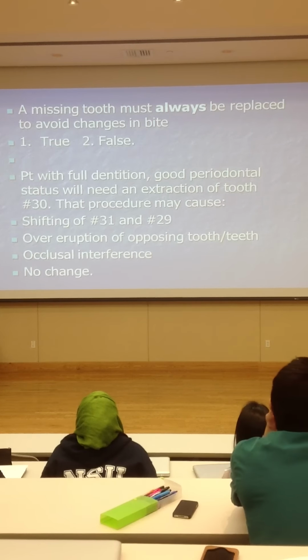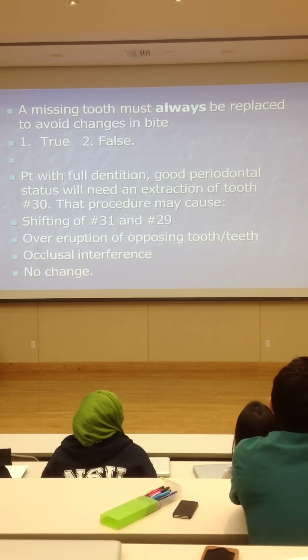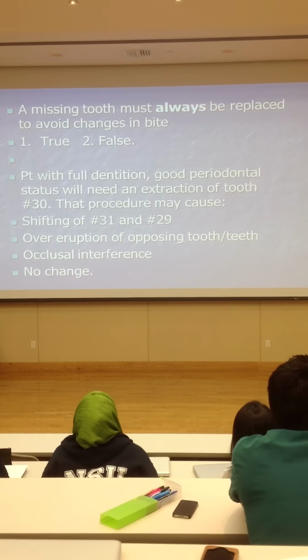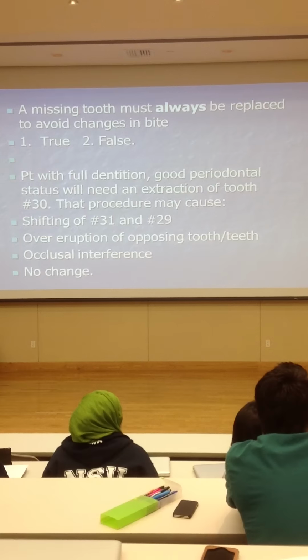All the above? Is it possible there's going to be no change? Okay, so let's say this is a test question. What would you answer? What would you do if this is the question? Raise my hand. Exactly. Okay. Now, if I say, okay, no questions, what would you do? Write on the paper. No change?